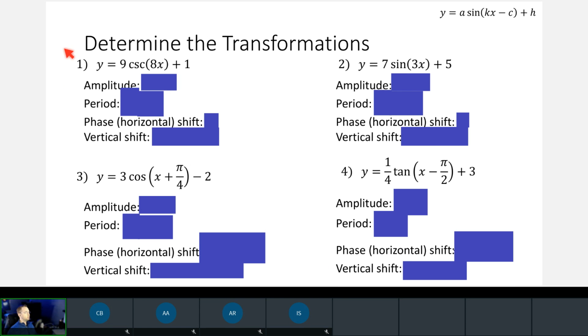All right. So let's do this first one. What is the amplitude of number 1? Amplitude is 9. Yep. All right. What is the period? I'm going to give you all a moment to calculate it.